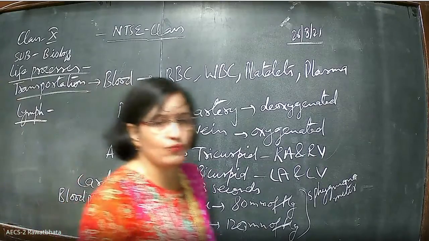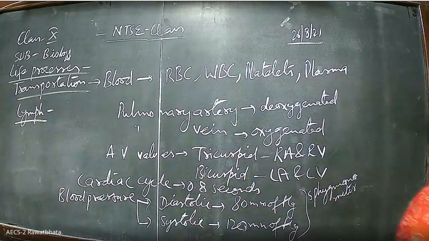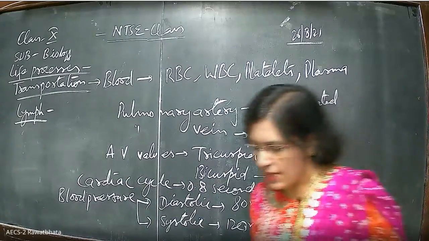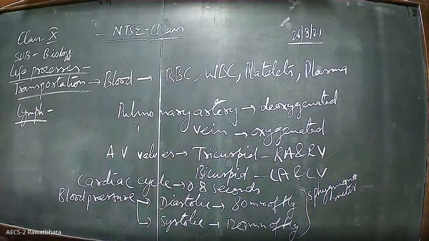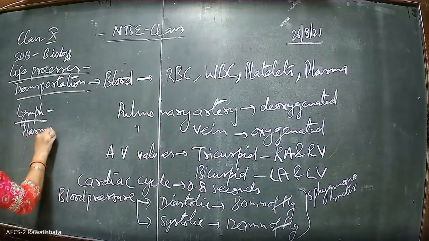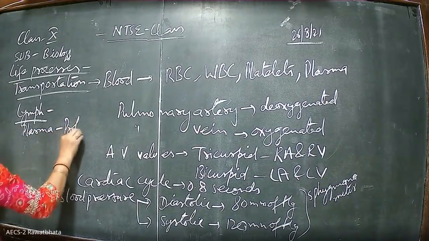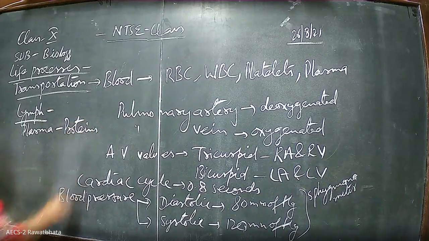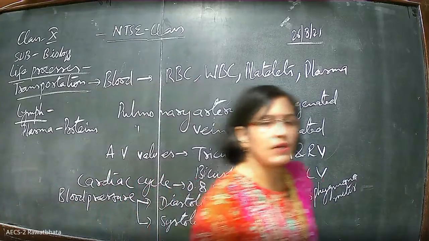If we remove the bigger proteins, then you can call it lymph. So in your exam, if it is asked in MCQs, this is plasma minus proteins. And this lymph is driven in the body with the help of the lymphatic vessels.